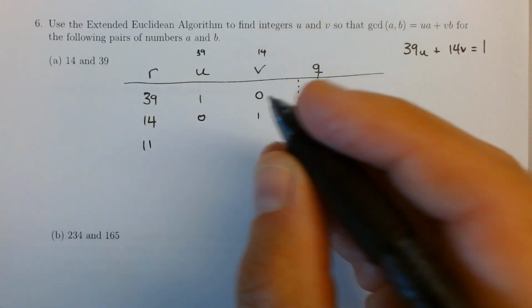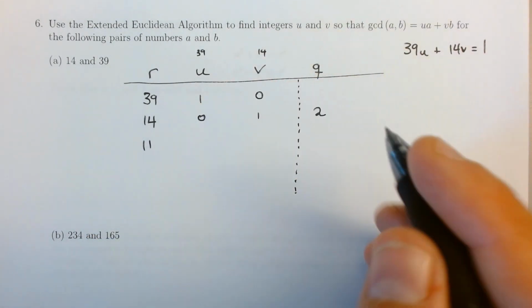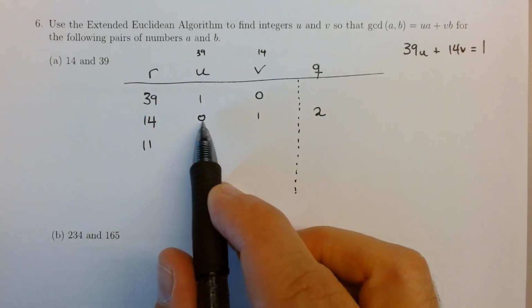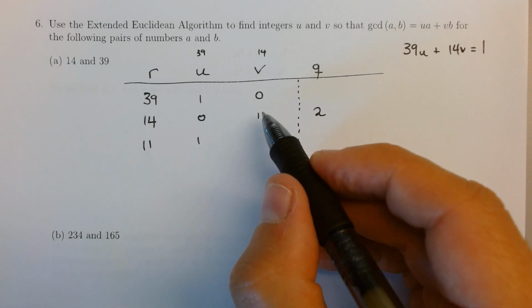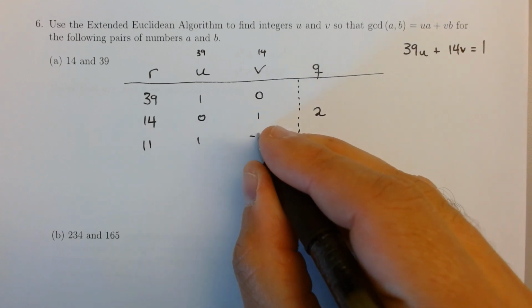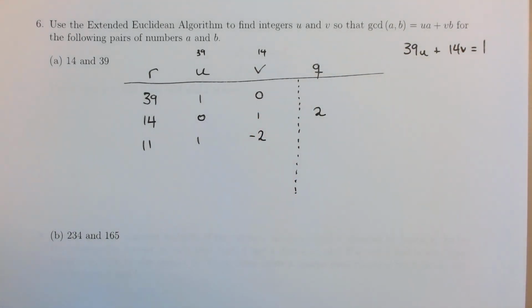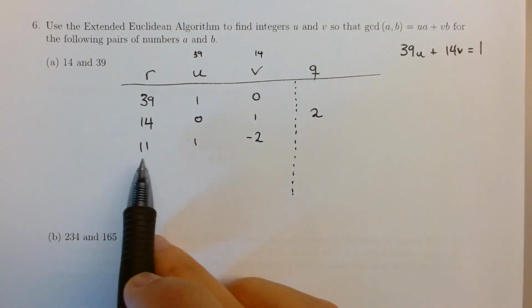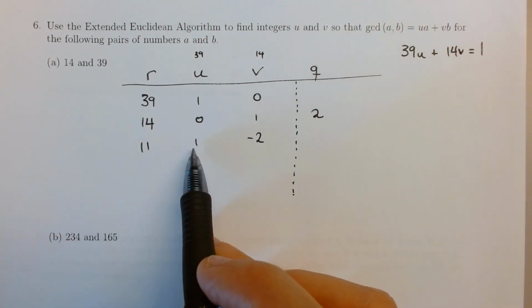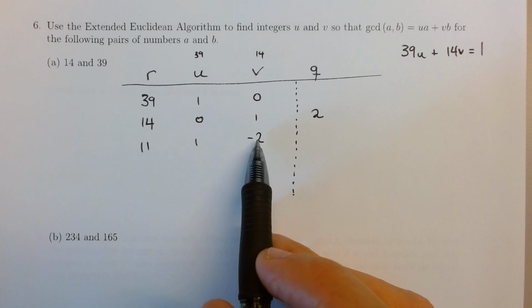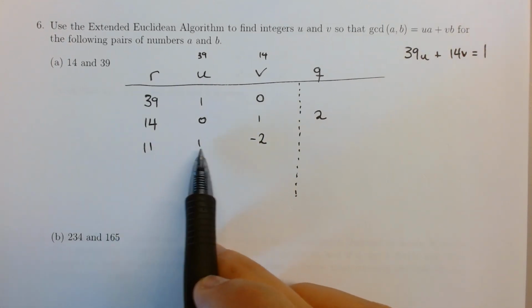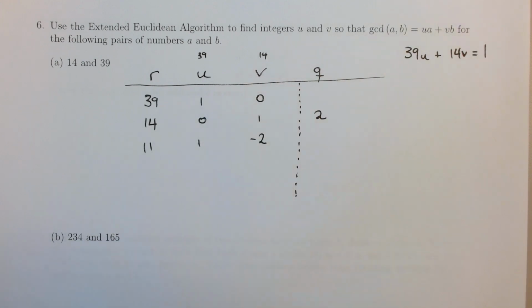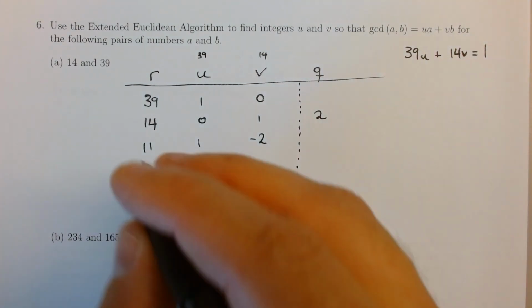Subtracting gives you an 11. Multiply this by 2, which is still a 0, so 1 minus 0 is 1. But be careful here, 0 minus 2 is a negative 2. So now at this line we have that 11 is 39 times 1 plus 14 times minus 2. So again, at every stage, you get this number as that linear combination of 39 and 14. And then you keep going.